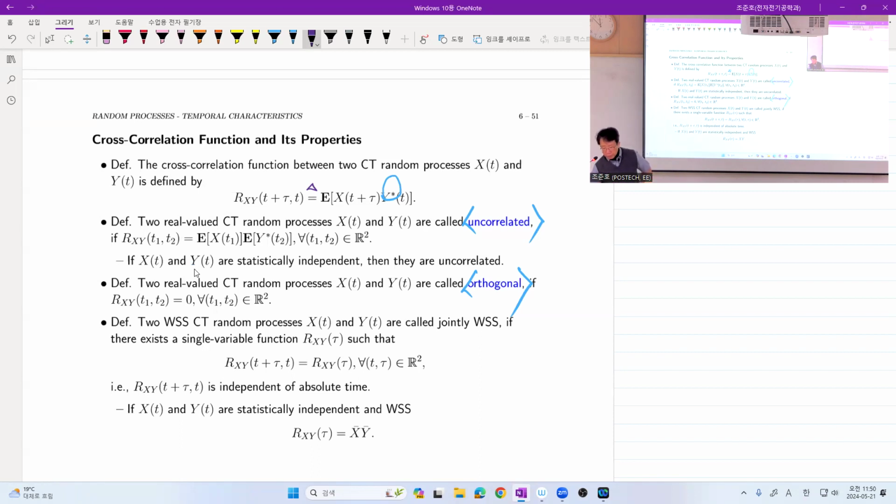So actually, uncorrelated means that this equals 0 for all t comma tau. Okay? Or if you want, for all t1 and t2.